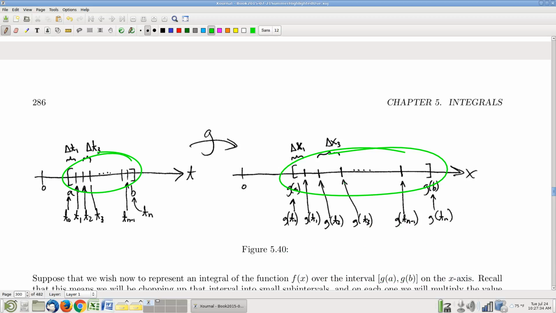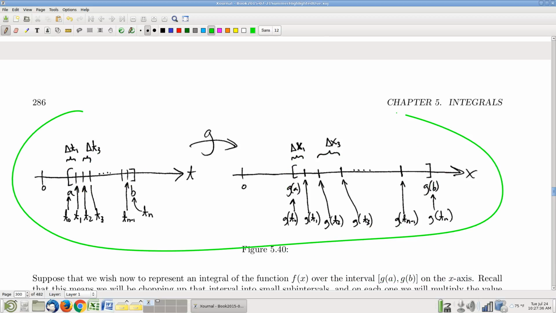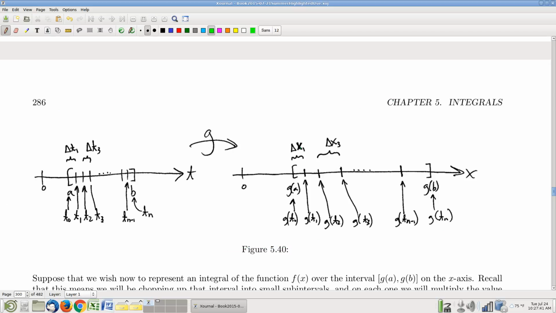Now, notice, in the strategy that I'm trying to steal from, the way I did this is I viewed my original domain that I don't like as being the image of a domain that my new integral is going to be in terms of, as the image of an interval that for whatever reason maybe I do like. Okay. So the key word is, if you want to get rid of a domain, you need to view it as the image of something.